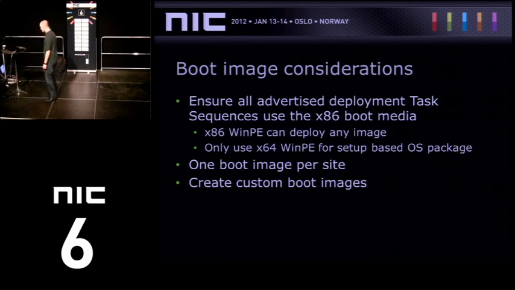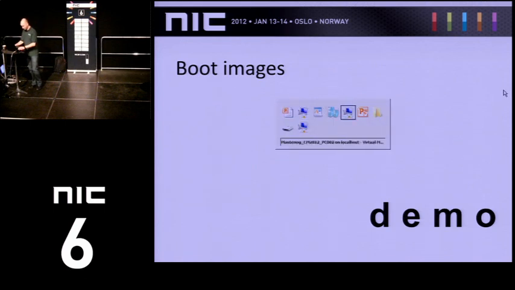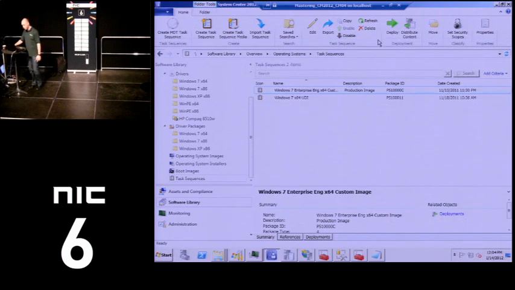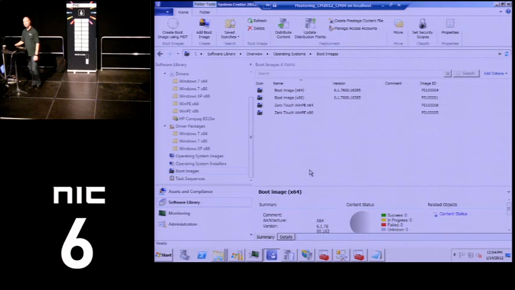So what you do in the console is the following. You go to the ConfigMgr server first. You add 2 boot images. You don't use the default ones because they are missing ADO. They are missing HTA, all the fun things in life. So you create new boot images.